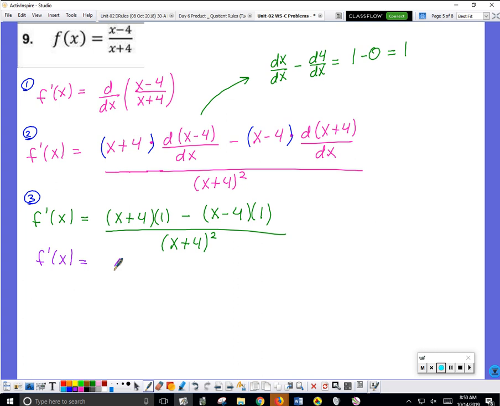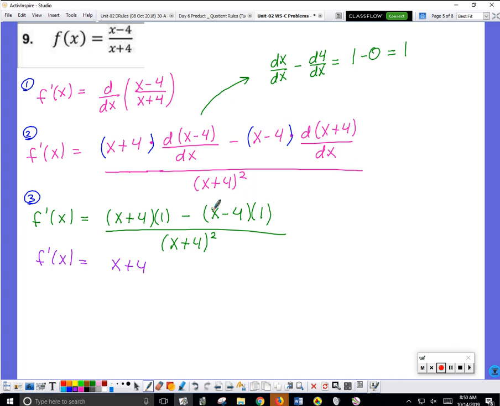Just multiply it out. X plus 4. Here's a problem. Everybody, eyes on the boards. Okay, there's too many negatives, so it's easy to make a mistake. The 1 is simple. It's just this times this, x minus 4. You're going to encounter problems where this will be more complicated than 1. Distribute this first.